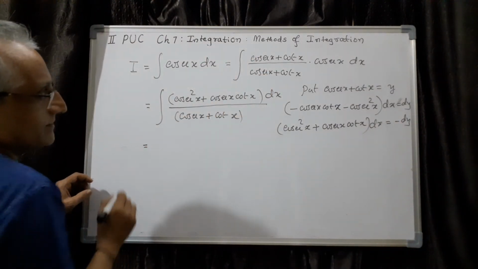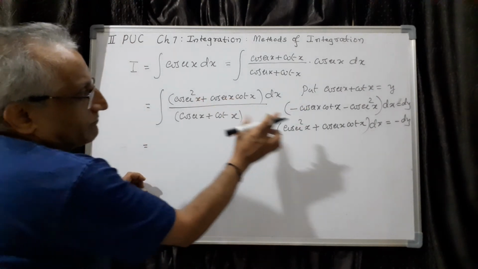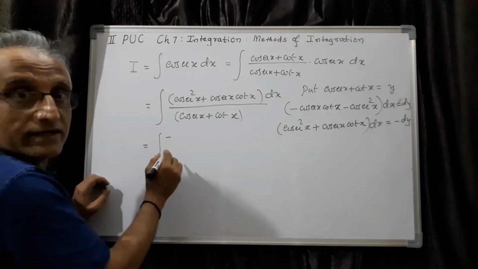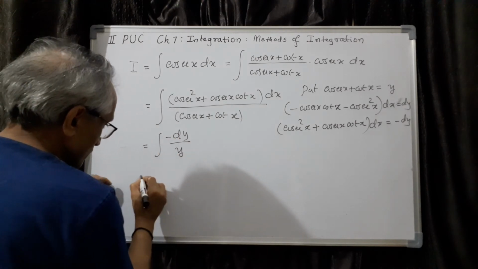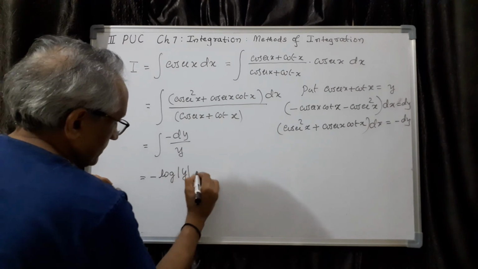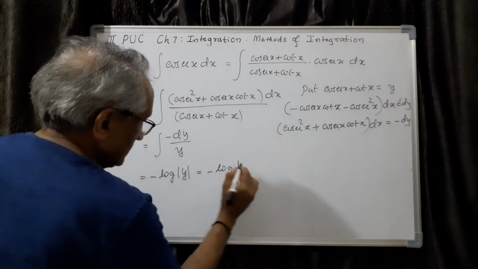Therefore what happens, you see now, this will be y, and this will be minus dy. Therefore exactly it is minus dy divided by y. So this is minus log mod y. So this can be written as minus log of y. What is y now?